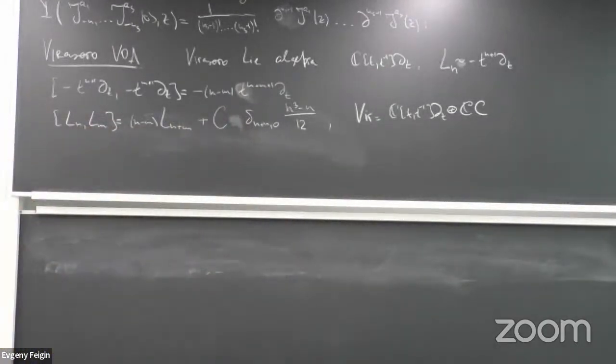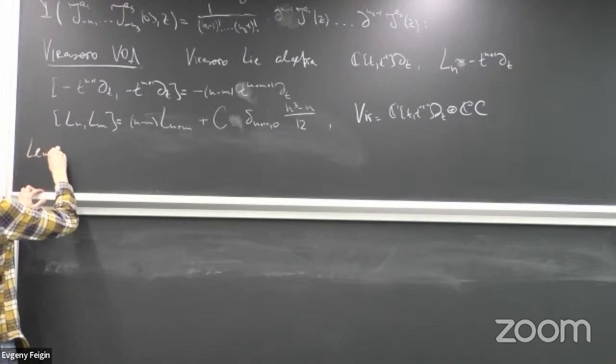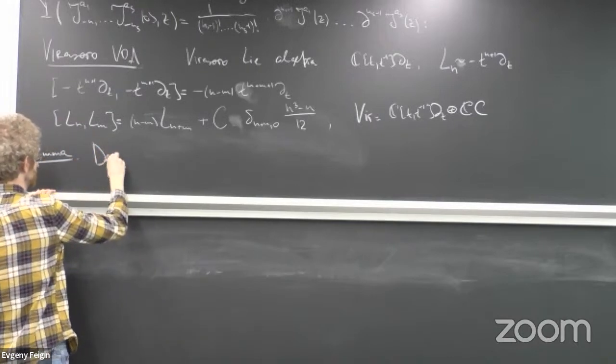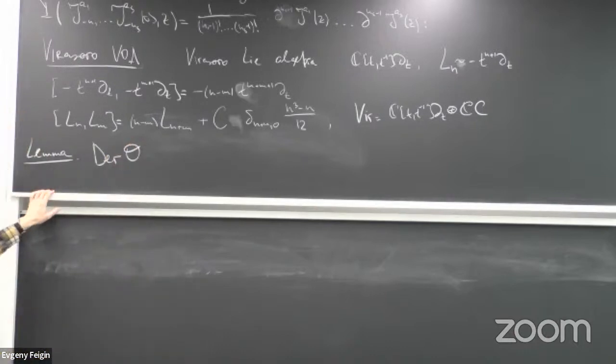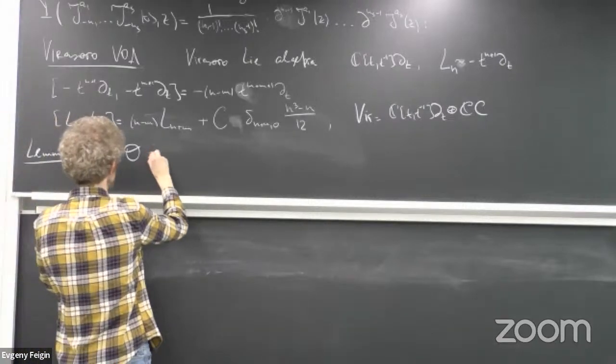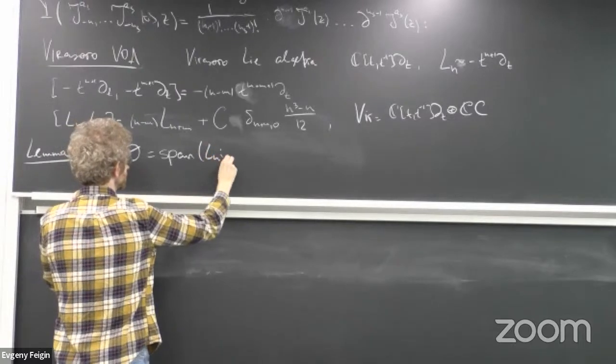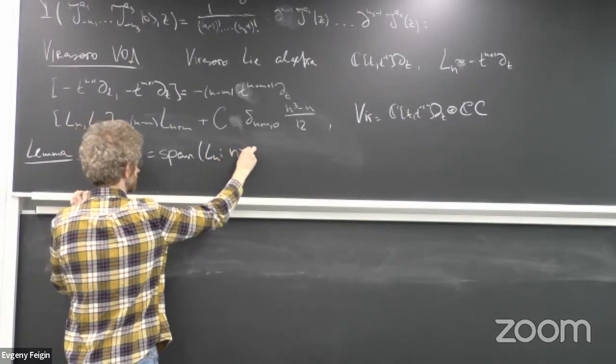Now let us organize one lemma. Let us denote by Der O, the derivations of O, the span of Ln with n greater or equal than minus 1.